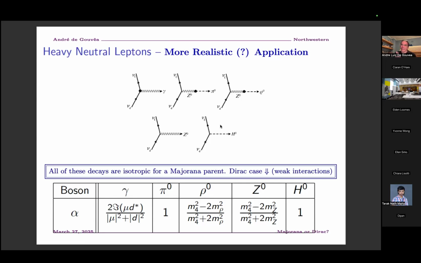When you start making your HNL pseudo-Dirac, you can make your mixing parameter very large, but anything that will distinguish Dirac from Majorana also starts to go away. That means that your observables that rely on the difference between Majorana versus Dirac start to be erased away. That turns out to also be true in a very interesting way for what I'm talking about as well. It's more subtle, so I don't want to talk about that. But you're completely right.